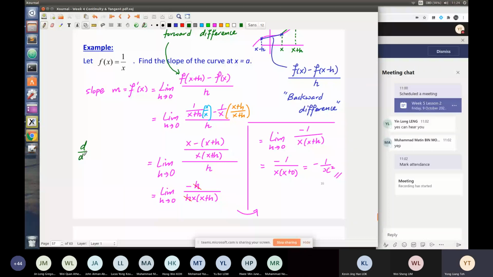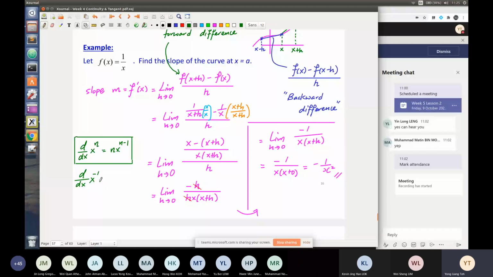And you will see that this actually agrees with the differentiation identity, that the derivative of x to the power of n is n times x to the power of n minus 1. This is something you probably learned in your secondary school or poly days. Because this is n equals minus 1, if you use this, you get d dx of x to the power of minus 1.